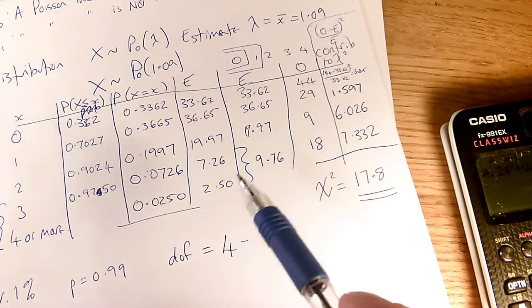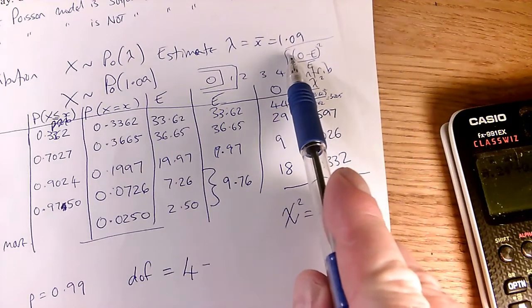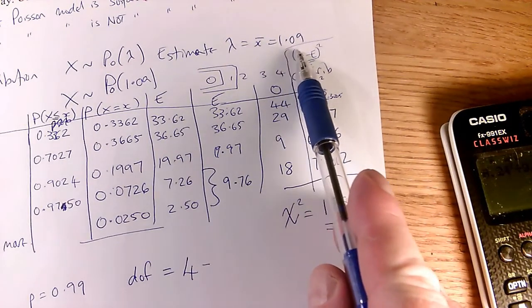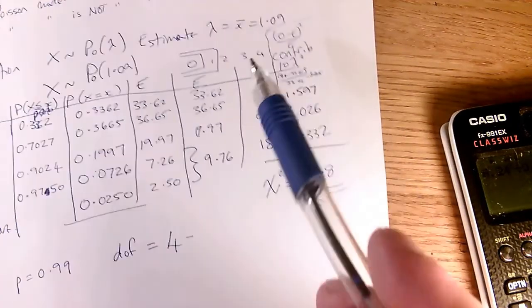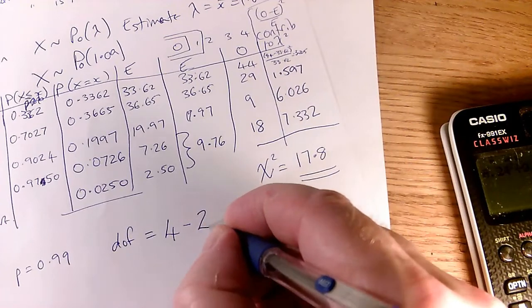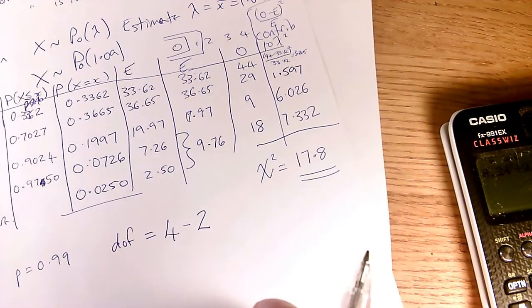But the other constraint is I actually used something from the data. I've made my data have a mean of 1.09. Now that didn't come from my assumptions, that came from the data that I was given. So I've now got 2 constraints, one from assuming what the mean was and one from the one we always get, the total frequency being 100, the same as the observed ones was.